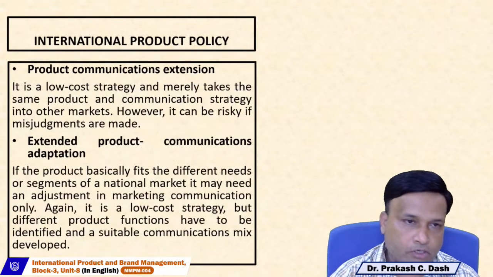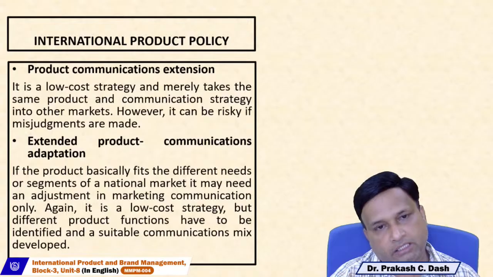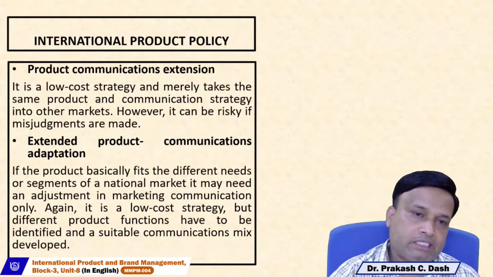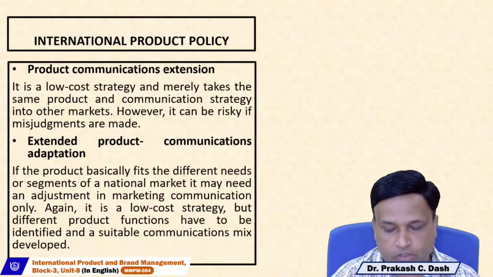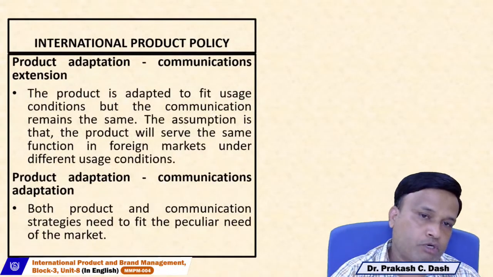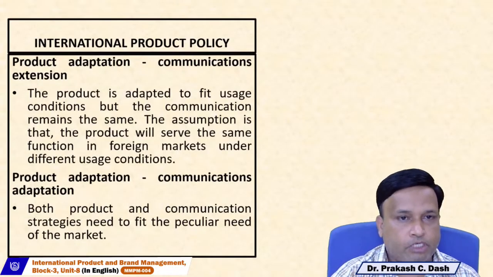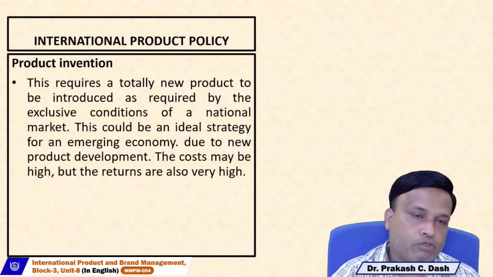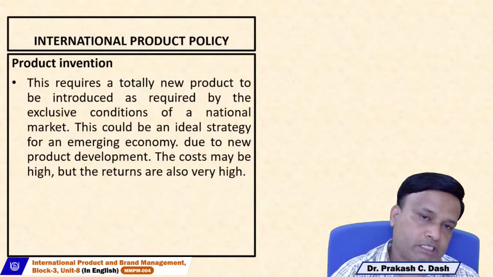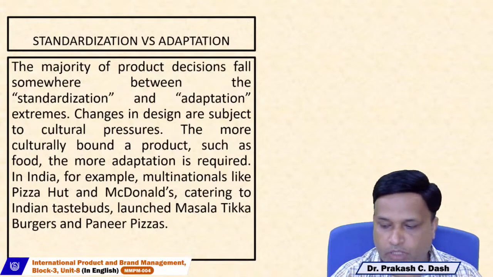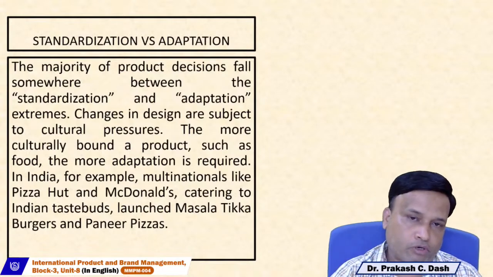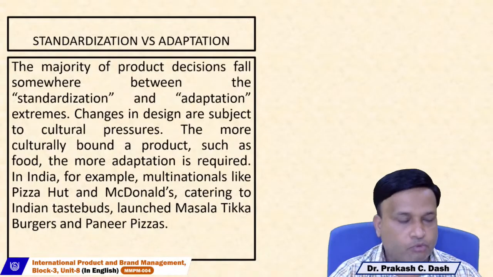You can change the product, or change your communications, or change both communications and product, or go for a new product altogether. You have to decide among these five kinds of policies as far as international product policy is concerned. On standardization and adaptation, when you have a similar kind of strategy for all the countries around the world, you have a standardization approach.